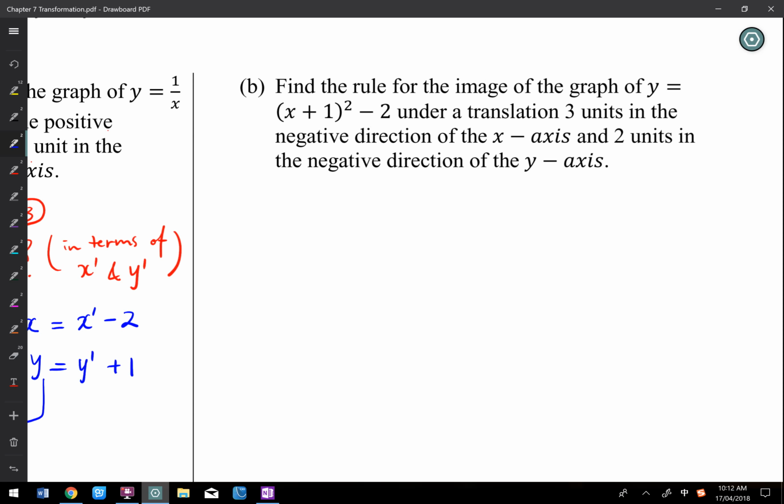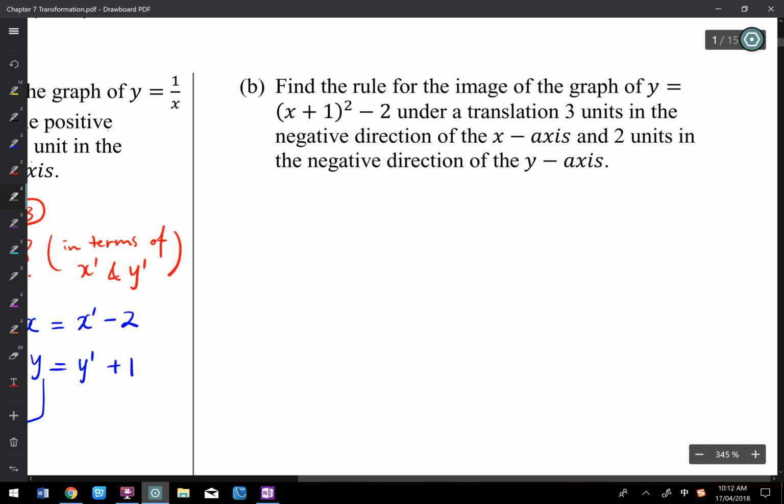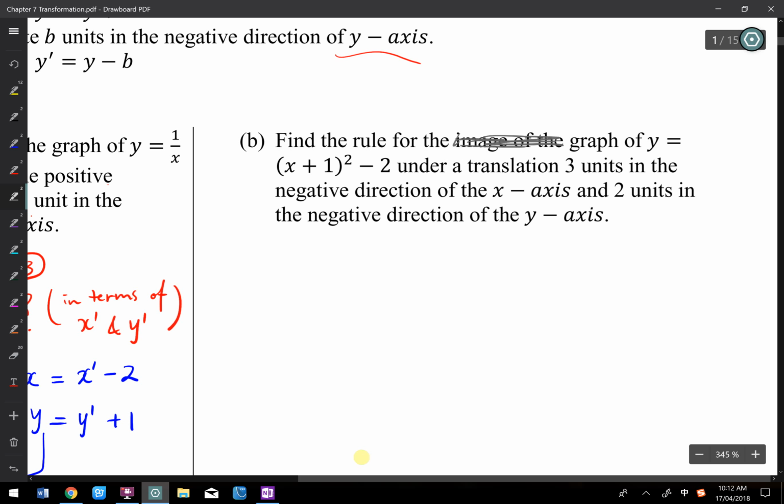Let's have a look at part B. I want to change the question for part B a little bit. Find the rule for the original graph.